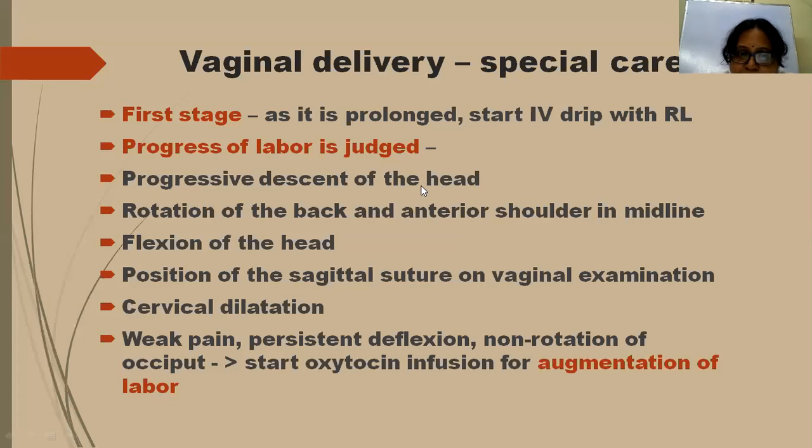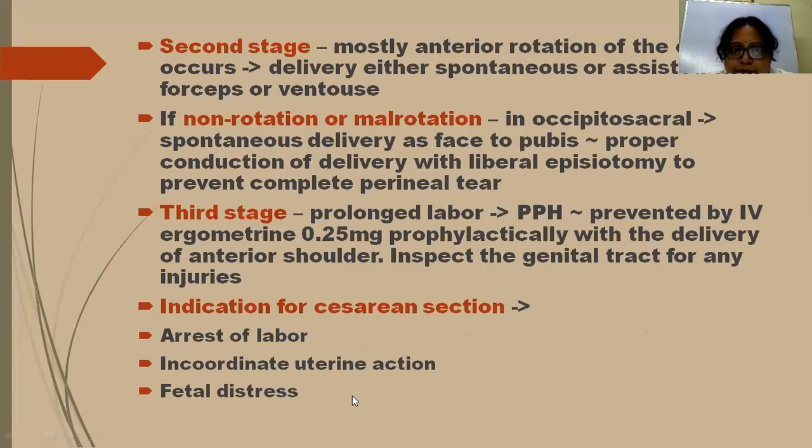We have to look for the descent, where the back and anterior shoulders are, whether the head is in flexion or deflexion, the position of the sagittal suture, and you have to assess the cervical dilatation. In case there is weak pain, persistent deflexion and wrong rotation of the occiput, we can start oxytocin infusion, because with increasing pains, the head might get corrected, for augmentation of labor.